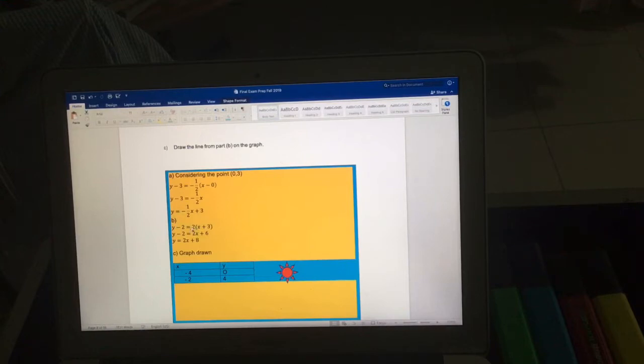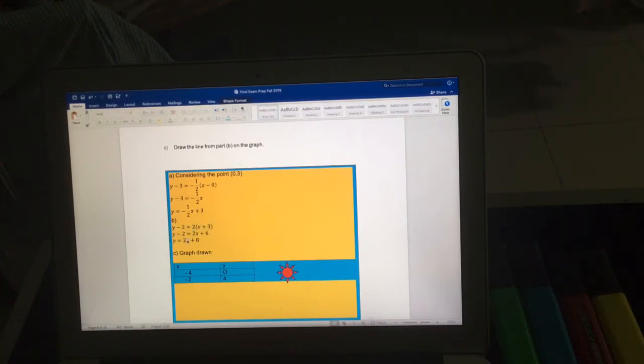So m2 will be +2, because m1 is -1/2. If the slope of one line is 3, the perpendicular line's slope will be -1/3. If it is -1/4, the perpendicular line's slope will be +4.